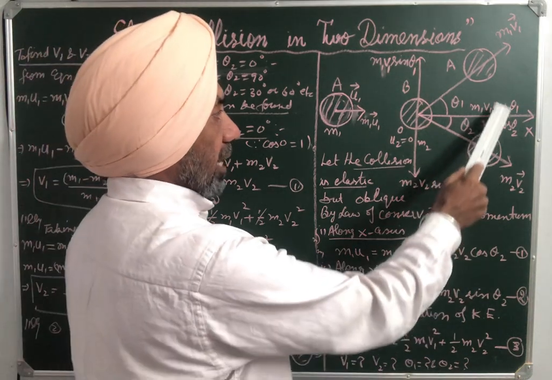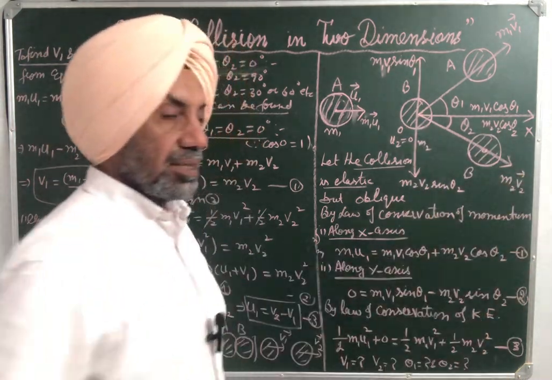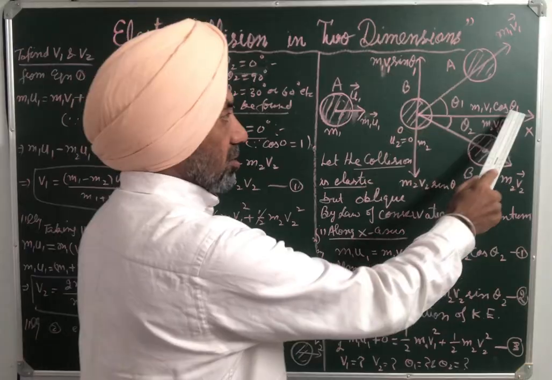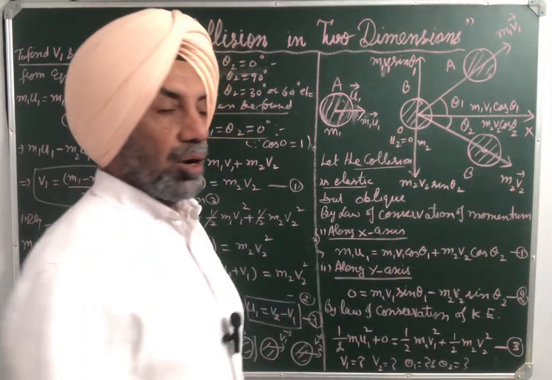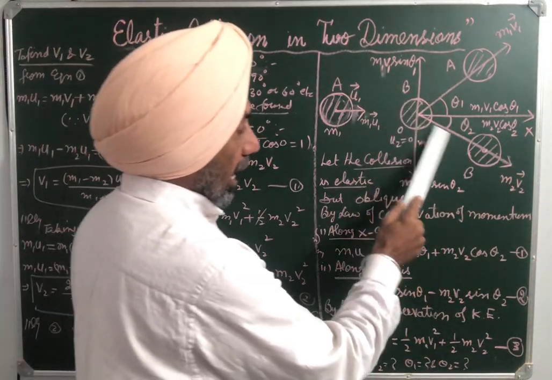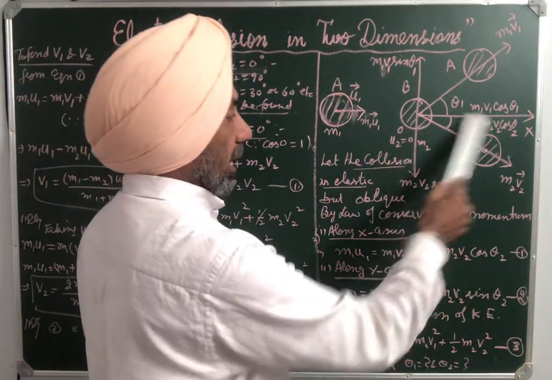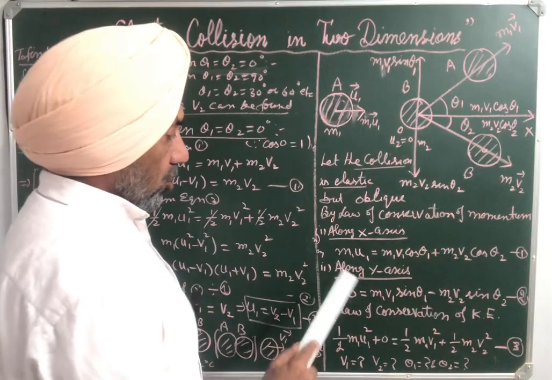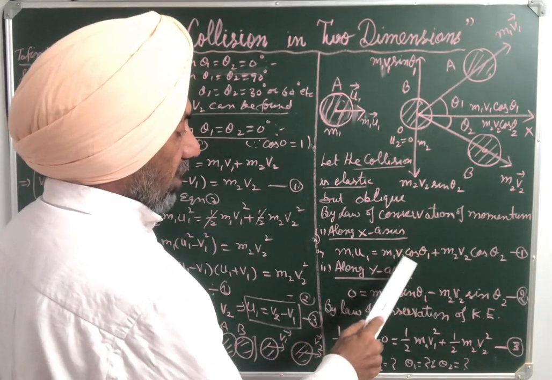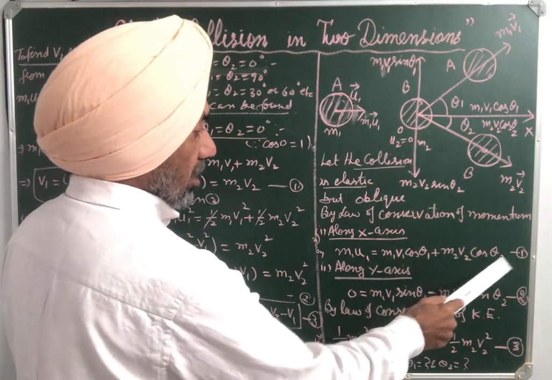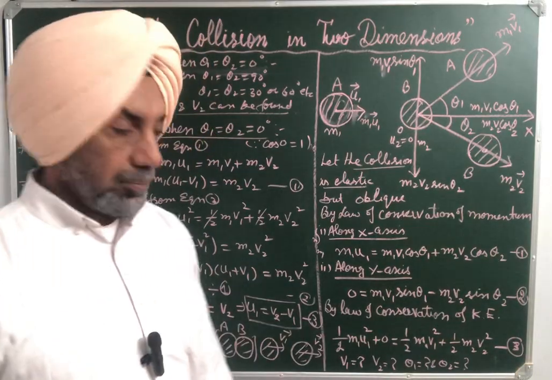These two components are added, as they act along the x-axis. So we have m1 u1 is equal to m1 v1 cos theta 1 plus m2 v2 cos theta 2. Suppose this is number 1.